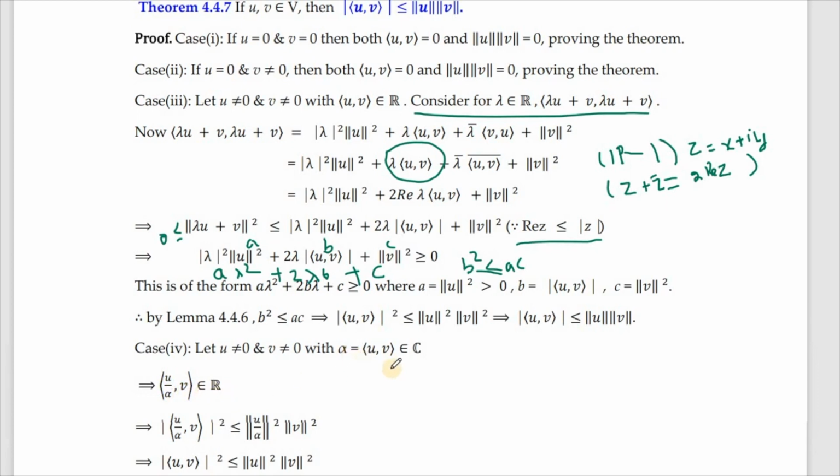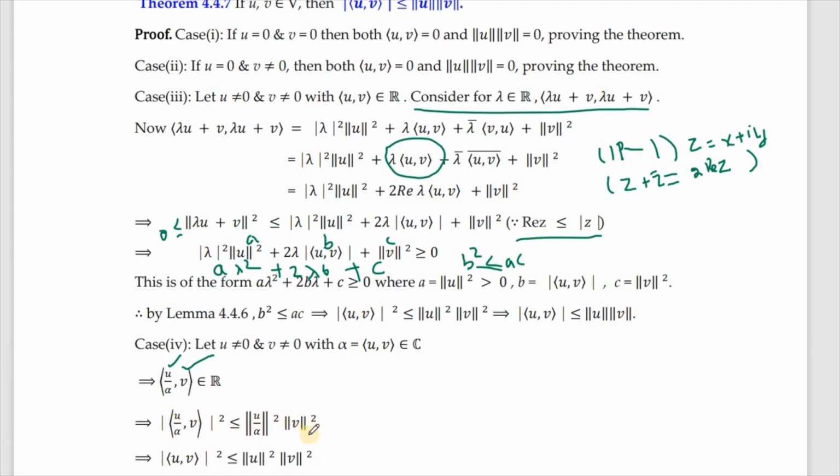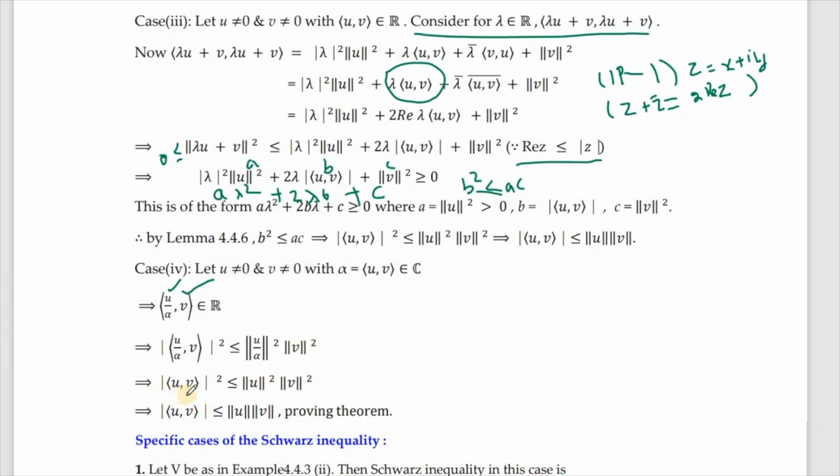So by the third case, we can have modulus of inner product U by alpha, V. We are applying this to these two vectors, U by alpha and V, instead of U and V. So you have modulus of U by alpha inner product V the whole square to be less than or equal to norm of this square into norm V square. So modulus of inner product UV the whole square is less than or equal to what happens to this mod alpha square?